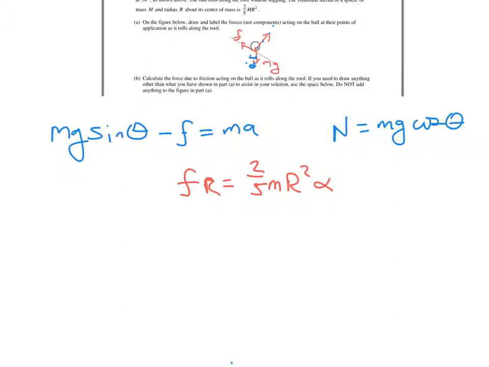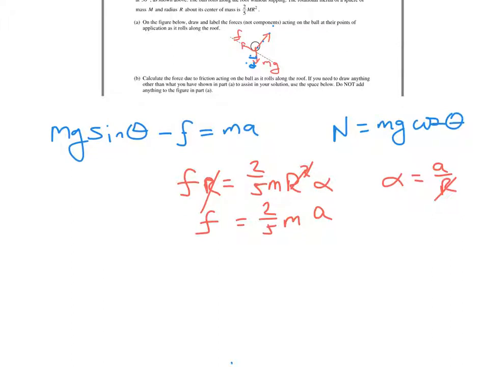We replace angular acceleration with a over r. Now that r cancels one of those, and then the r here will cancel the other one. So we have 2/5 m times the acceleration is the frictional force.